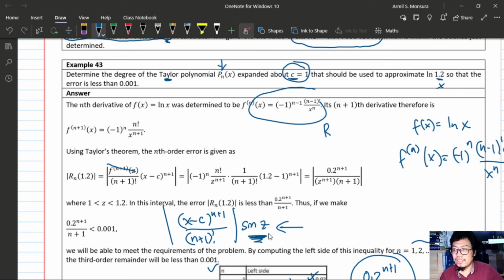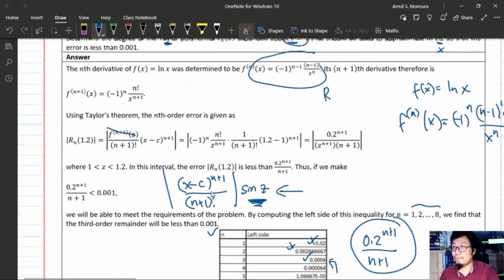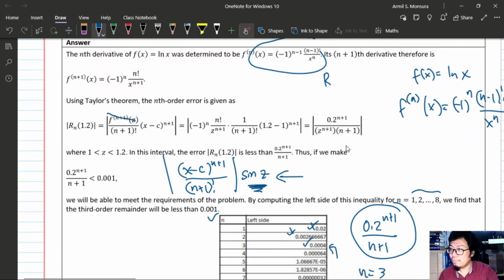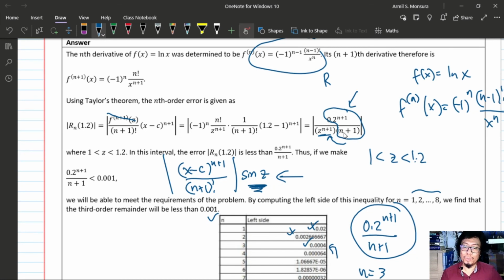In the case of example 43, we can simply ignore this factor because multiplying this with this one within the interval, we just make it less than this value. So let's simply use this as the upper bound for your error. And it's a safe upper bound, most of the time.